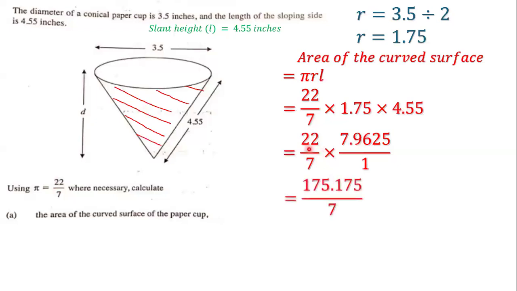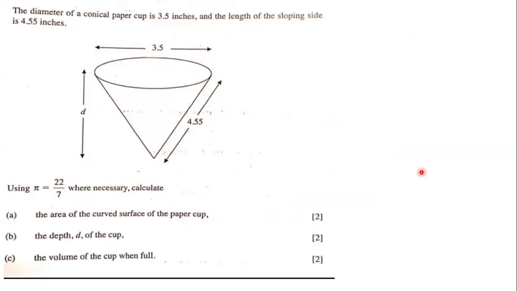Now, 22 times 7.9625 is going to be 175.175, and 7 times 1 is simply 7. Next, we divide these two, and we get 25.025. And so that means that the area of the curved surface of the paper cup is 25.025 inches squared.